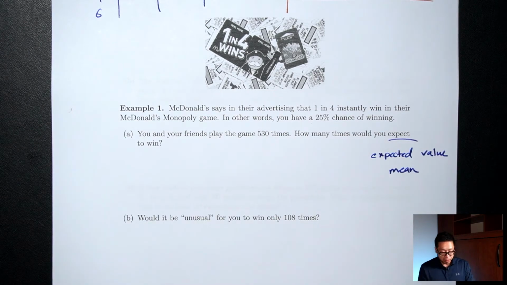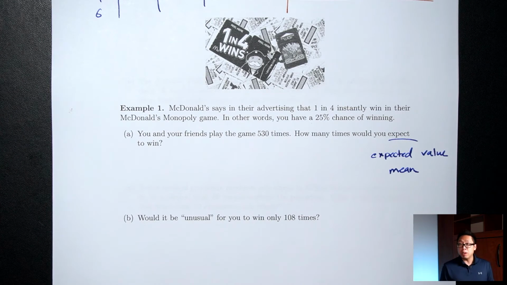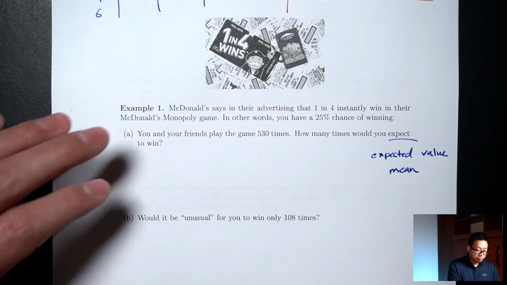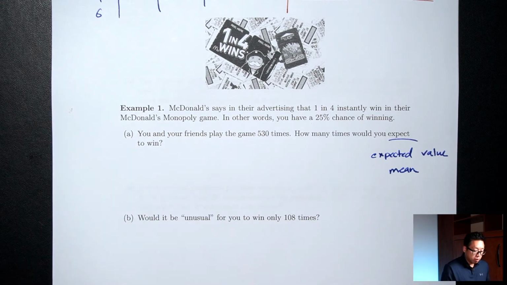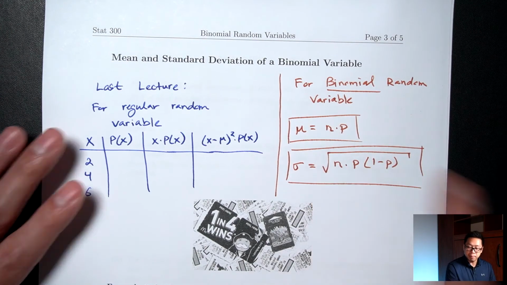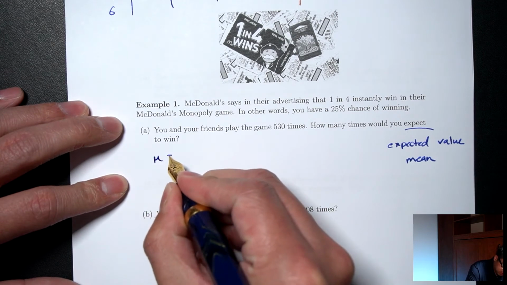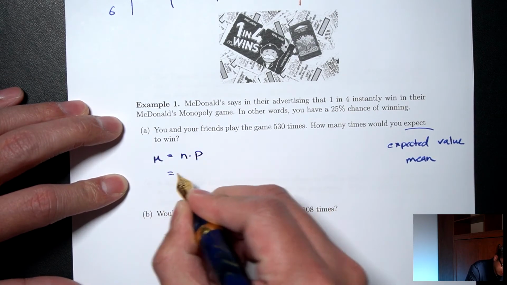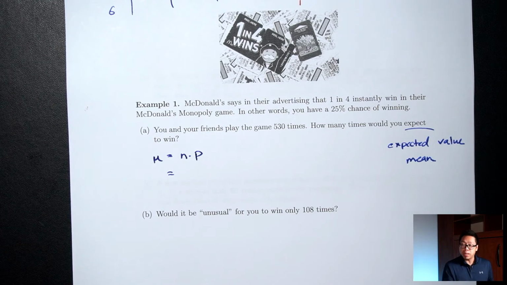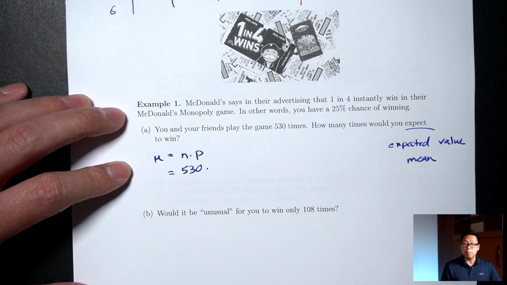What is the mean? So this is a binomial situation, right? We're playing this game 530 times. That's the number of trials. We are interested in the number of times that we win, so we are interested in the number of successes. So finding the mean for a binomial situation is pretty easy. The formula is n times p. N, number of trials. How many times did we play this game? 530 times. P is the probability of success.